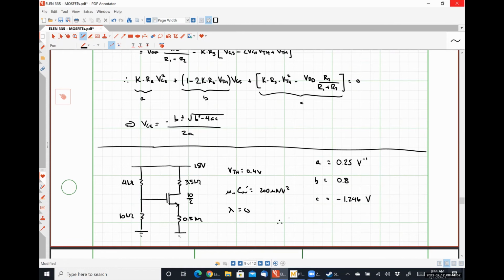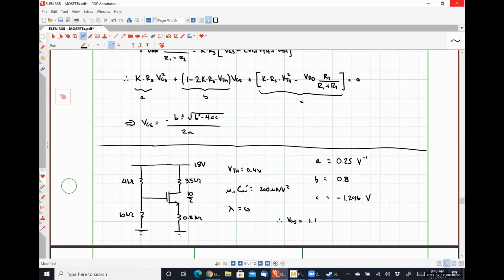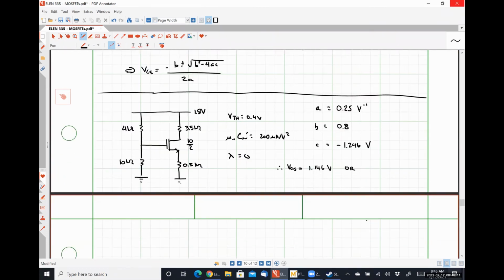Using these values, I got VGS is equal to 1.146 volts or negative 4.346 volts.